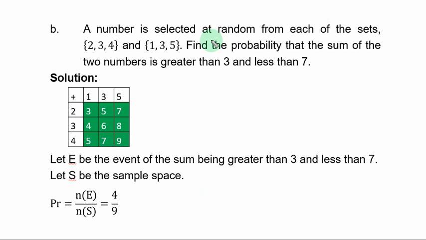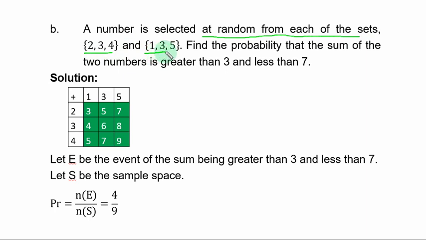Question 1b. A number is selected at random from each of the sets. The elements you have are 2, 3, 4 and 1, 3, 5.